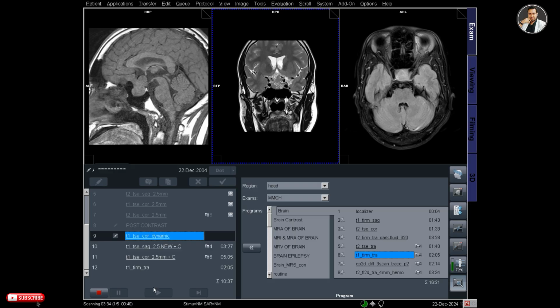Look at the bottom left corner: number 1 of 5 is scanning, and there are 33 seconds remaining. Keep looking at the bottom left corner that I am pointing to. This is the first scan running for the dynamic, and it's a non-contrast scan.